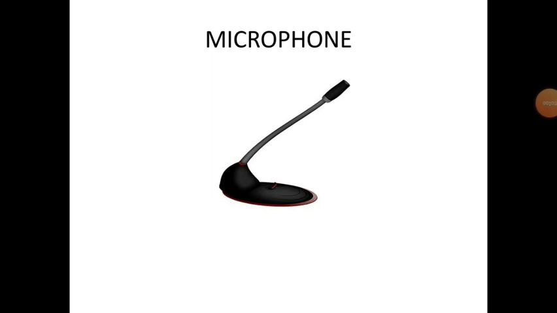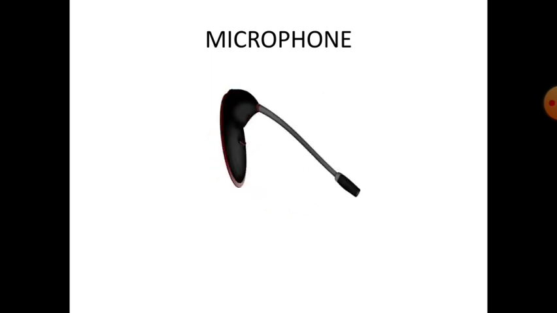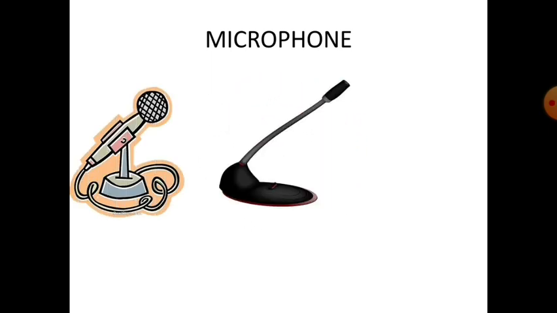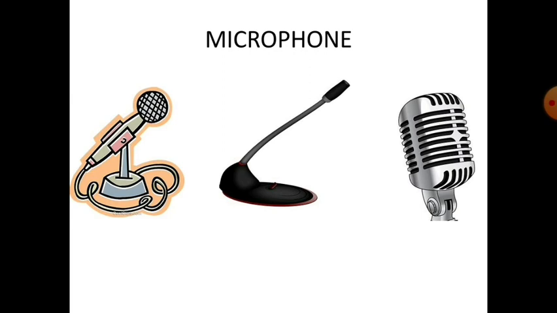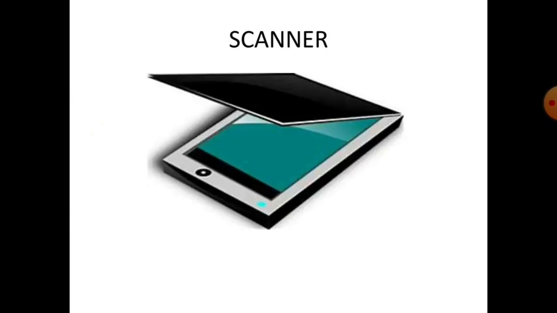This input device is used to give sound input to the computer system. Using this, we can record sound or give voice instructions to the computer. These are the different types of microphone. Next is the scanner.